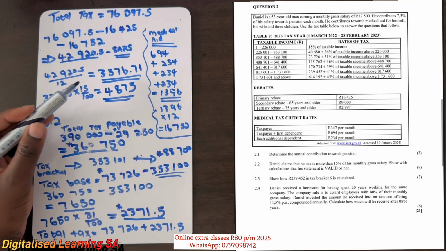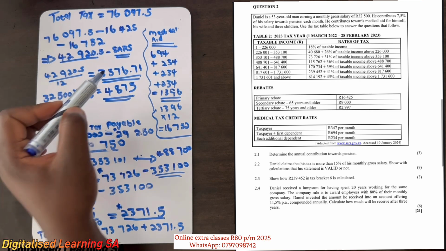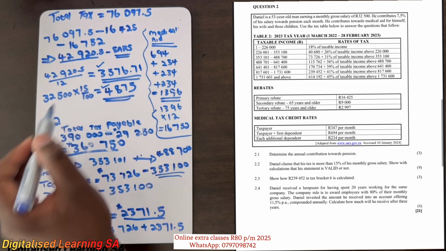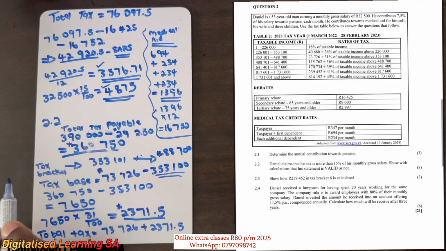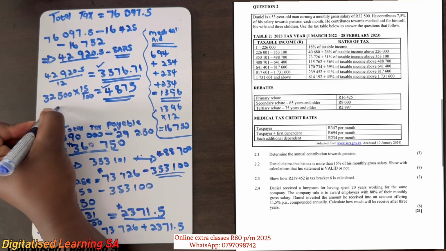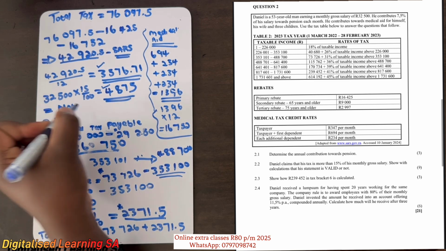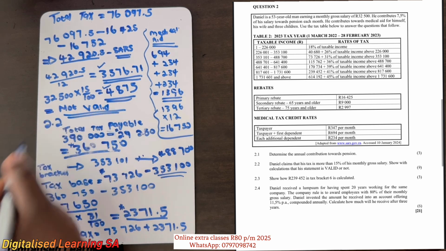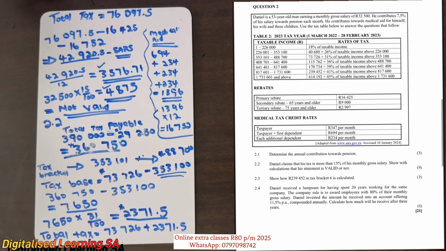But if we check here, we can see that he is paying less, because this is how much he pays in a month and this is 15%. So we can see that he pays less, meaning that his statement is not valid. His statement is not valid, and that will be our answer.